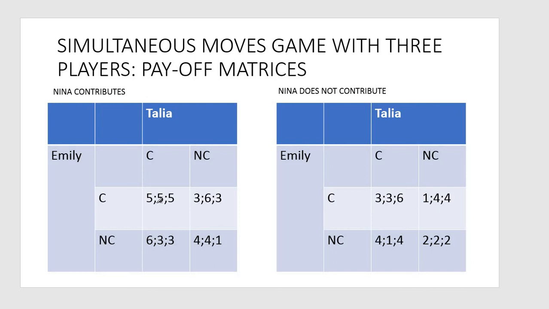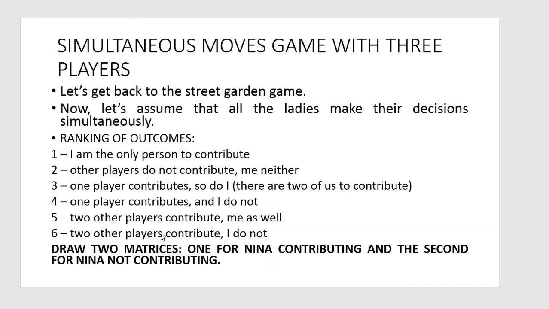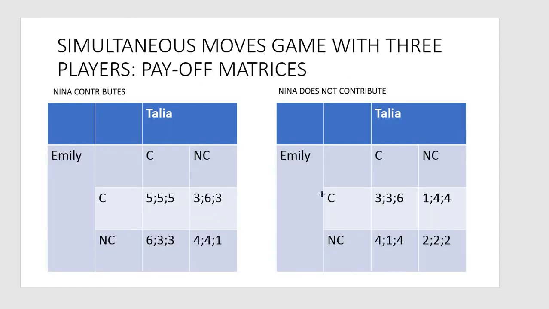If we assume that Nina contributes, Talia contributes, and Emily does not, then Emily gets 6. She can enjoy the garden for free. And Nina and Talia get 3, just based on this payoff structure. One other player contributes, so do I. There are 2 of us to contribute. And so on and so forth. So I believe you've got the idea.